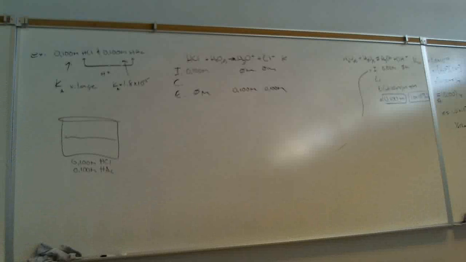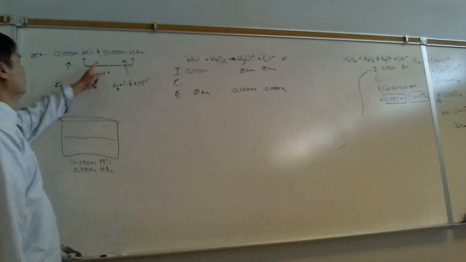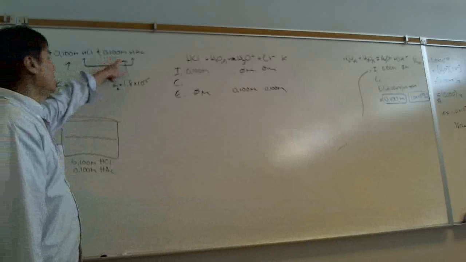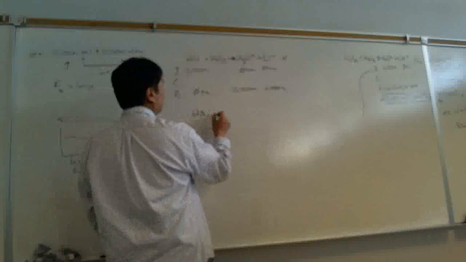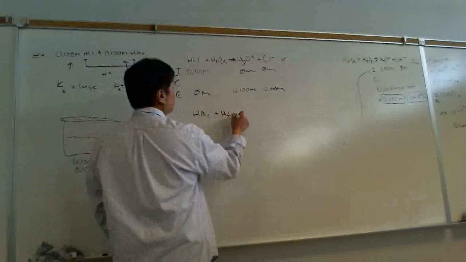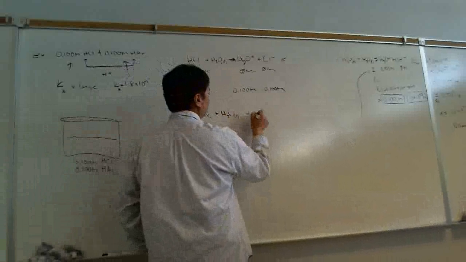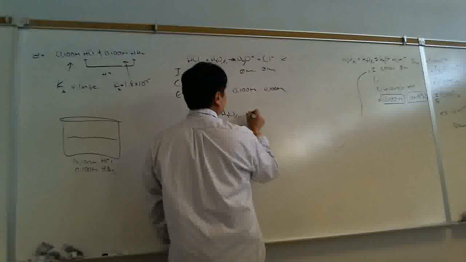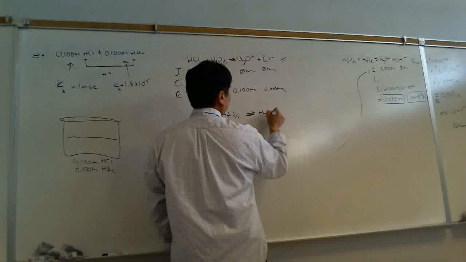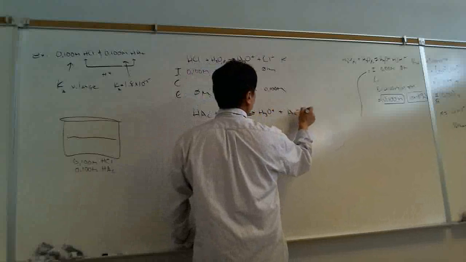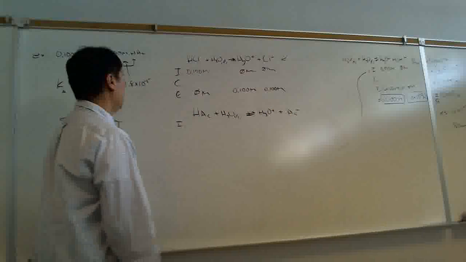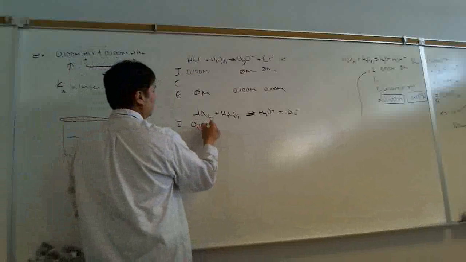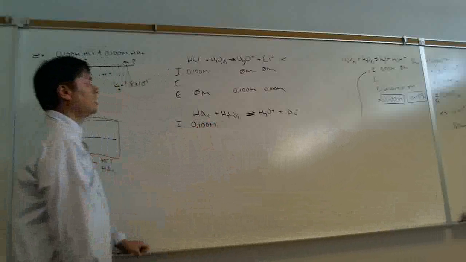Now we've got to think, because the common ion here is H+ for acetic acid. And so let's figure out how much additional hydronium we're going to get from acetic acid. Acetic acid plus water is going to give us hydronium plus acetate. The initial acetic acid is 0.100 molar. What's the initial hydronium?